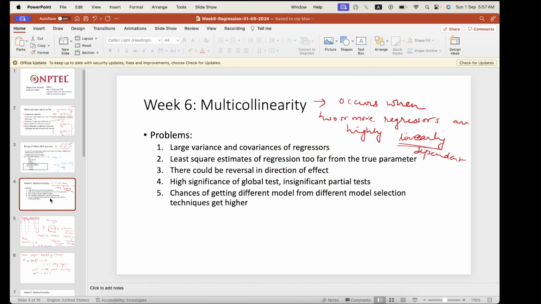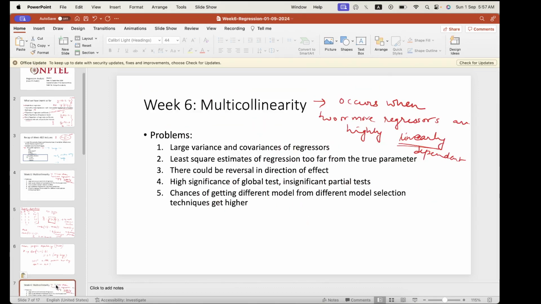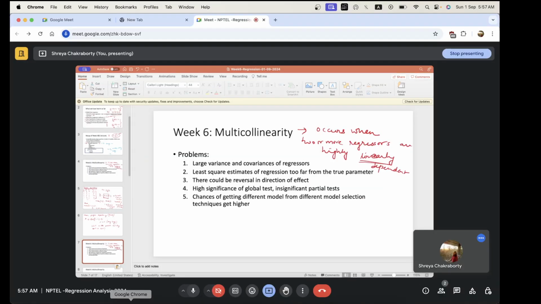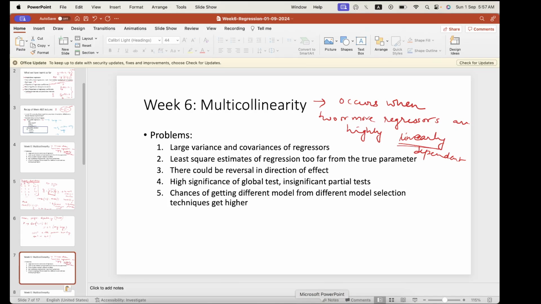These are essentially the problems that can arise. Number one, we can have large variances and covariances of regressors. Why do we worry about large variance? This is something which is unwanted in any kind of estimation.